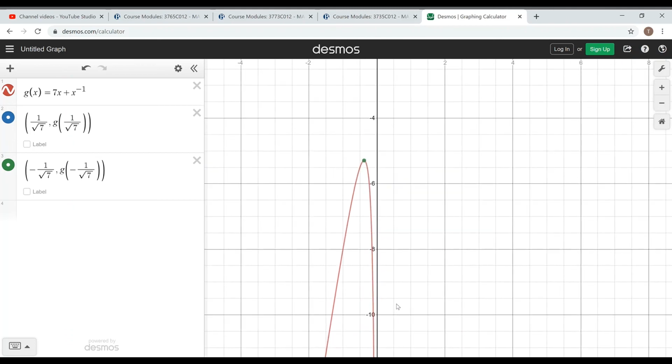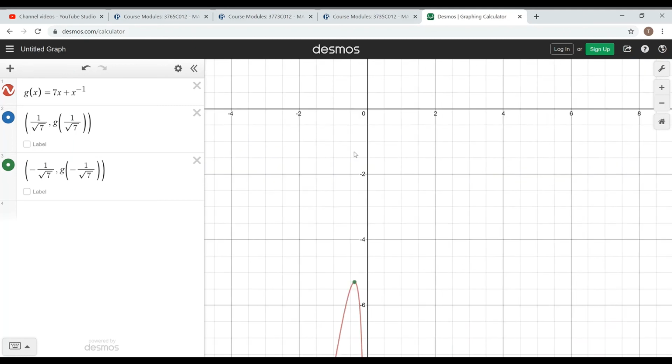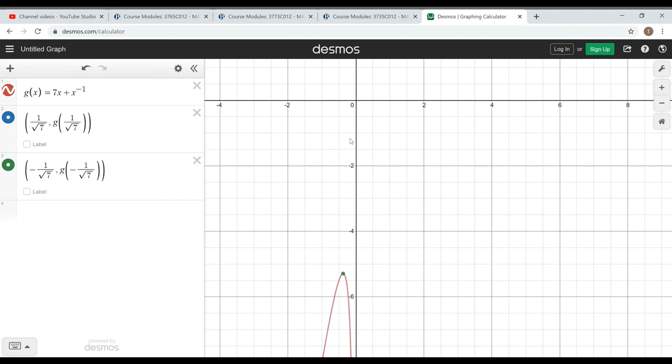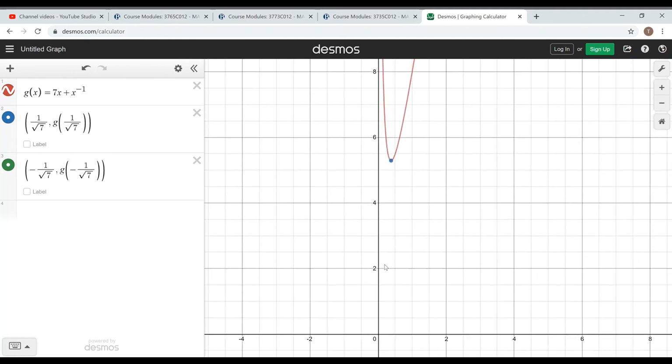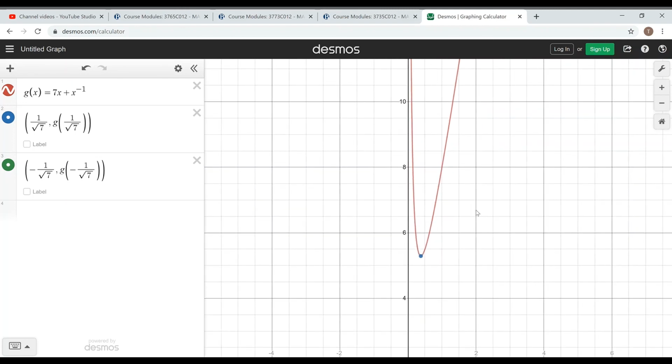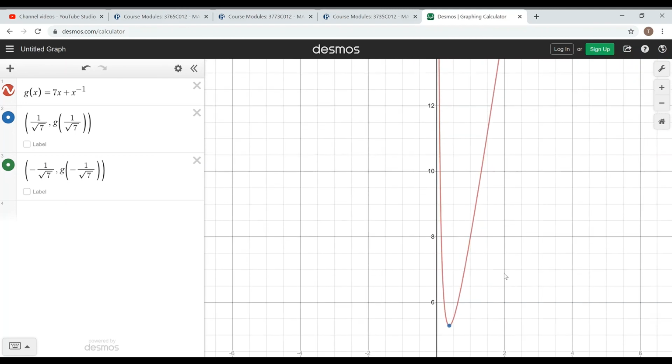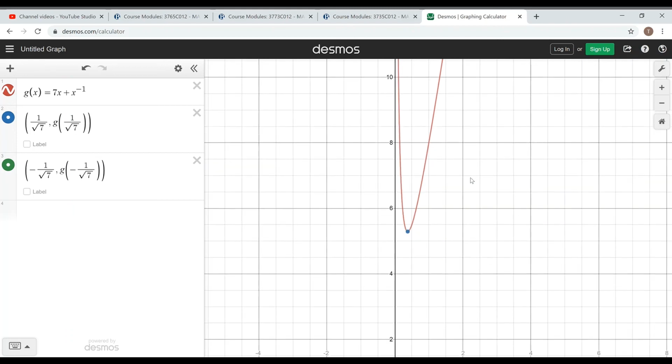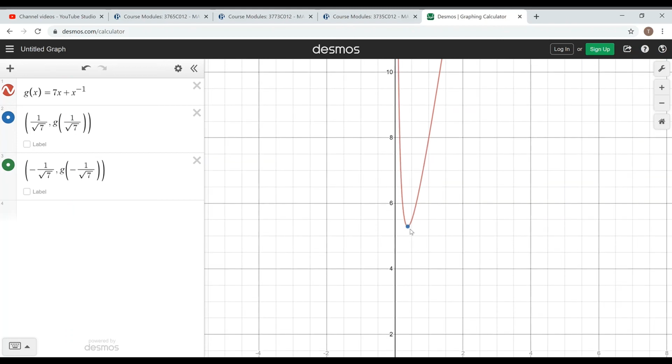And at x equals 0, the function's undefined, so we're not even going to talk about it increasing or decreasing there. And then here's the second half of this, and you can see that from 0 to 1 over the square root of 7, it's decreasing, and after that, it's increasing. So this looks good. This matches our work.